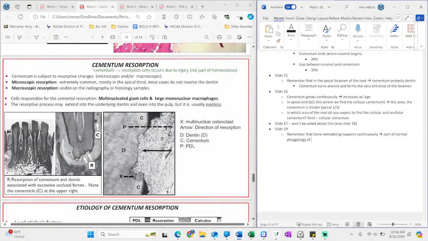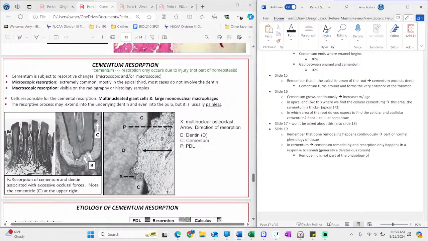In cementum, remodeling and resorption as part of that process happen only as a response to a stimulus, generally a deleterious stimulus. So normally the cementum is not remodeled. That's not part of the normal physiology. It only happens as a response to a stimulus.